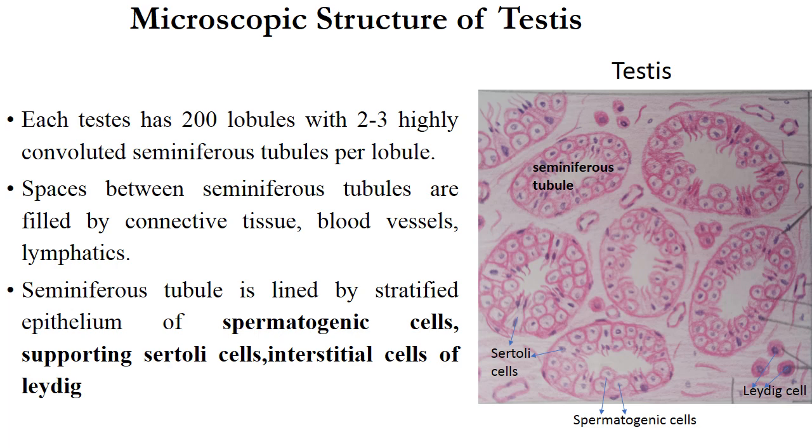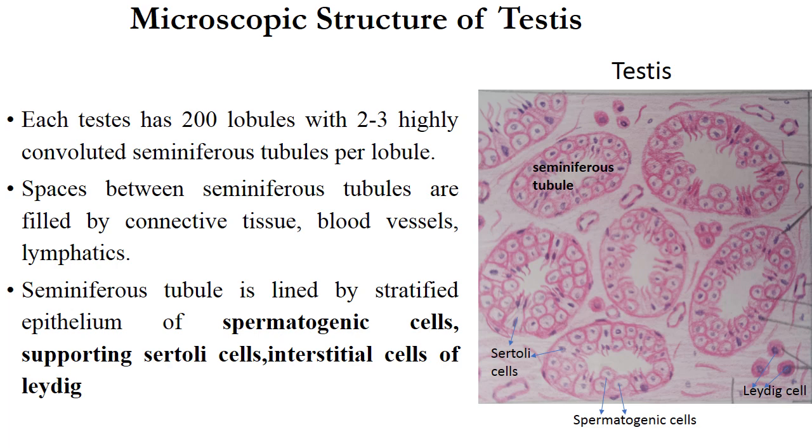So in the testis we have three cells. The three types of cells in the testis are spermatogenic cells in different stages of development. The second type of cell is the supporting sustentacular Sertoli cell, and the third variety of cell which is present in the connective tissue stroma is interstitial cell of Leydig.